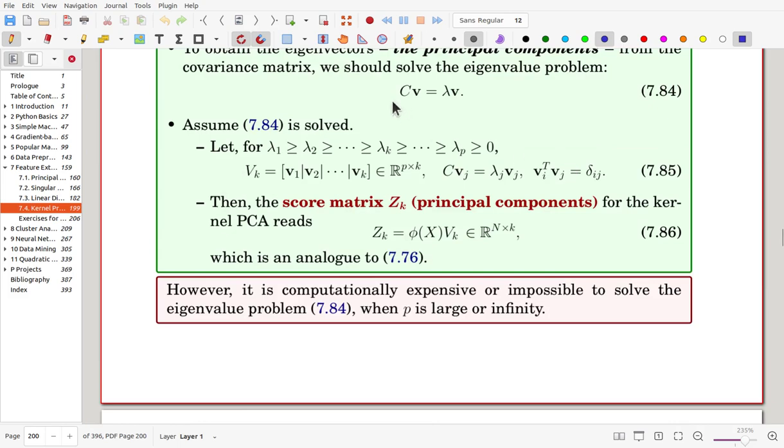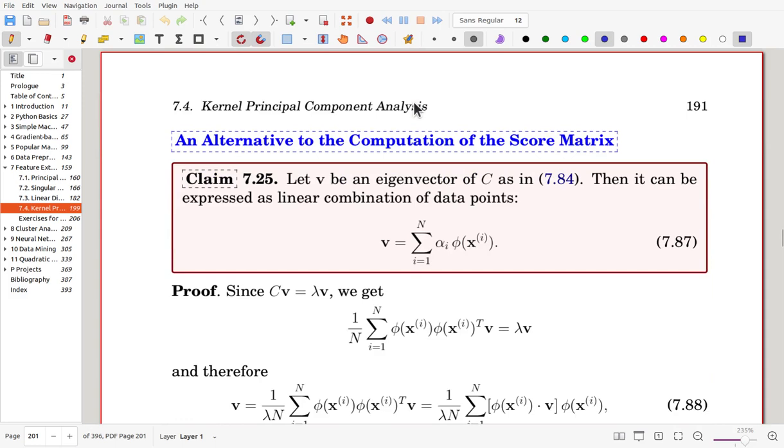Then the eigenvector can be expressed as a linear combination of data points: v equals the sum over i of alpha_i phi(x_i). So v can be expressed in this way, as a linear combination of the data points.